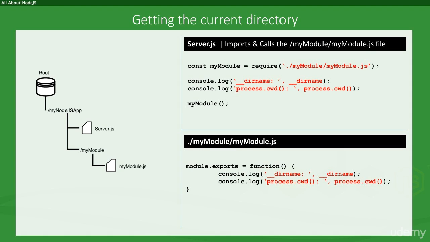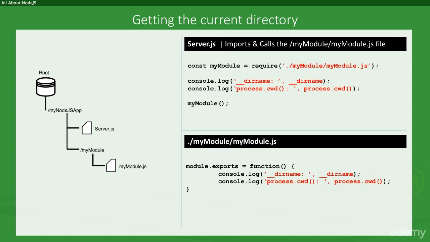We are calling this function from within server.js, and we are also outputting __dirname and process.cwd values as seen by server.js as well. So in a nutshell, we'll get to see what this will resolve to in server.js and in mymodule.js when it is called from within the server.js script.